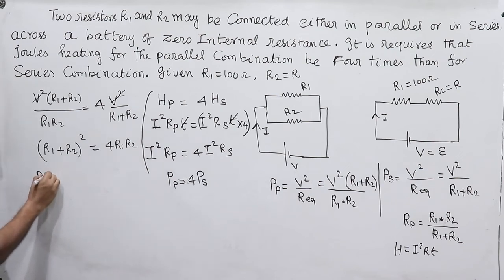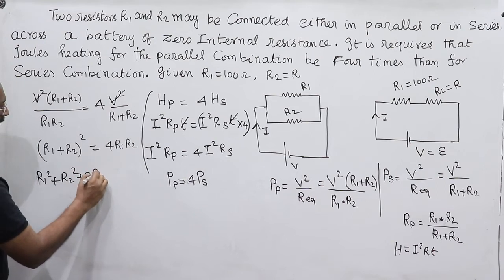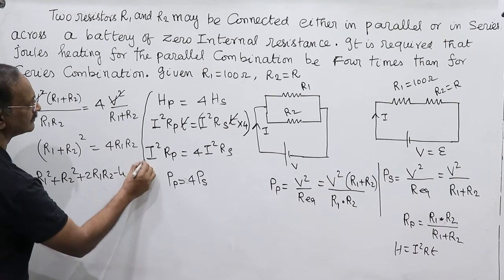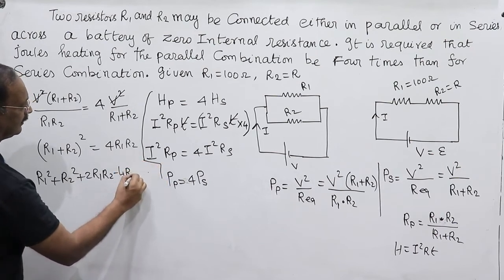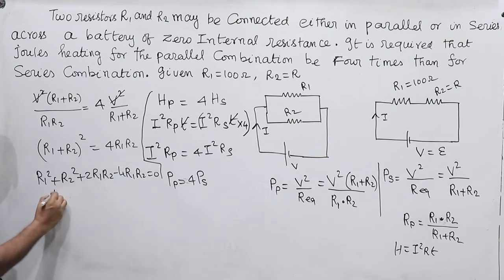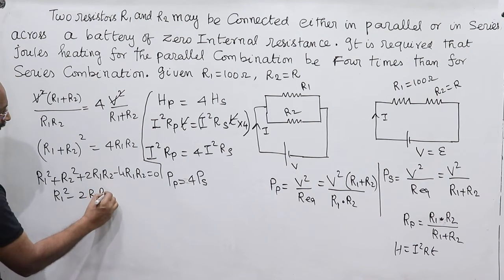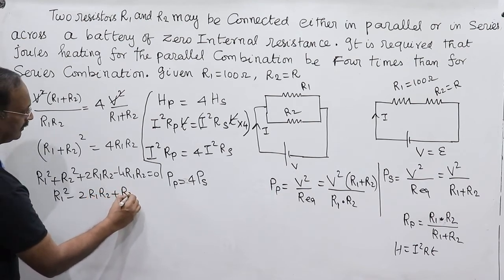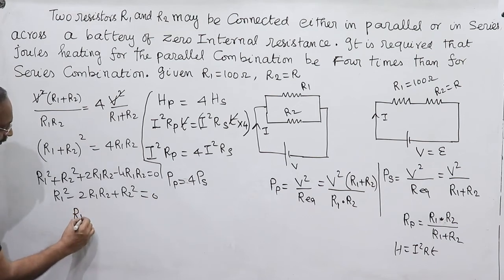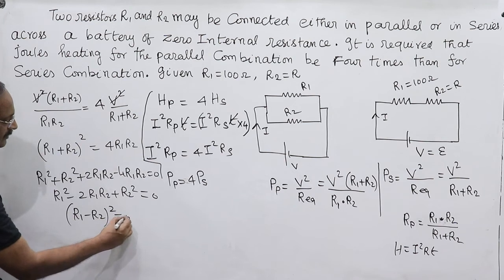Expanding, R1 square plus R2 square plus 2R1 R2 minus 4 R1 R2 is equal to 0. This becomes R1 square minus 2 R1 R2 plus R2 square is equal to 0. That is, R1 minus R2 whole square is equal to 0.